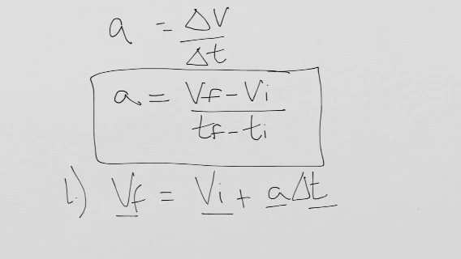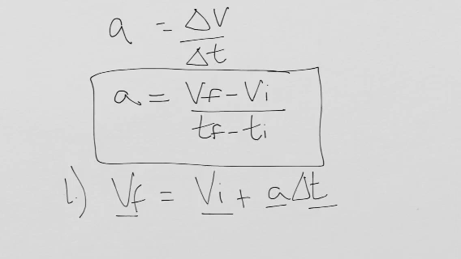Okay? And when you use these equations, it's quite possible that you could have a word problem that will ask for about 3 different things, let's say. You would have to use one of the equations to solve for one, use that information to plug into the next equation to solve for something else, and then use that information to plug into a final equation to solve for something else.